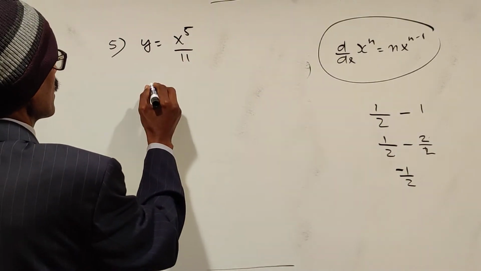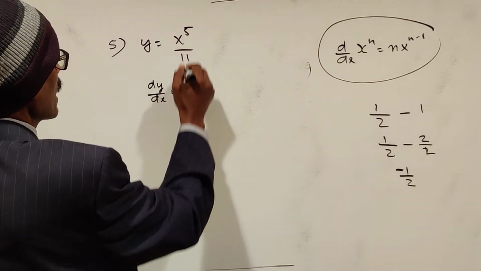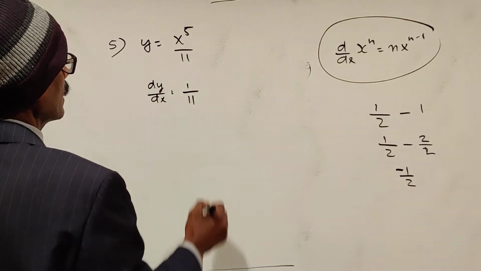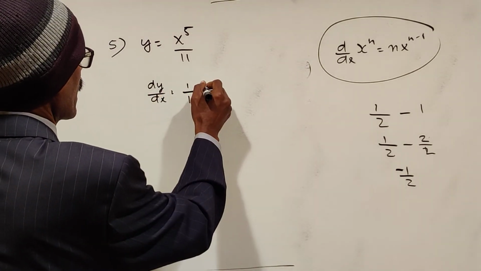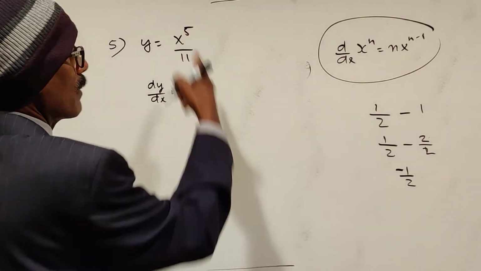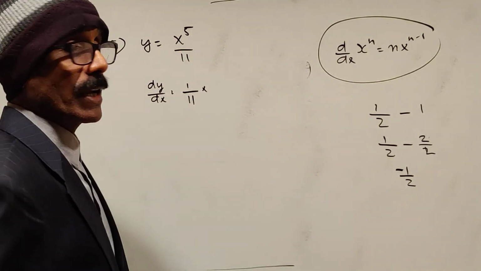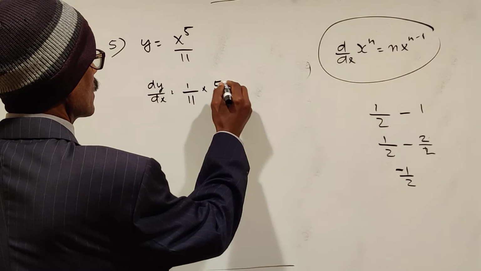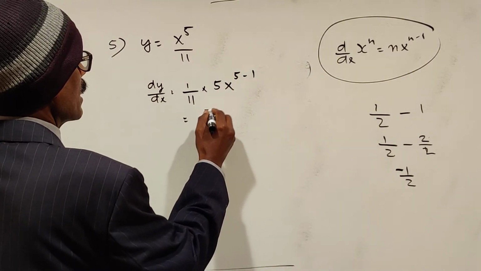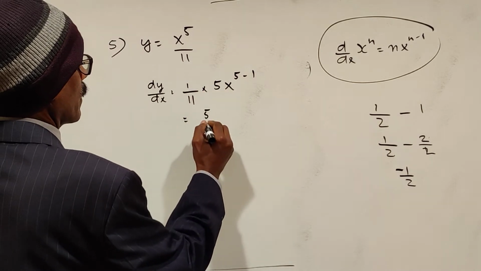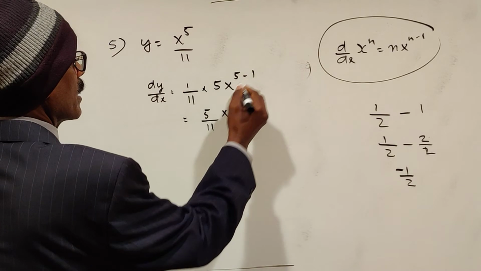So the easiest method is dy by dx equals 1 by 11, since dividing by 11 means 1 by 11 times x to the power 5. Just find the derivative of x to the power 5: 5x to the power 5 minus 1. That is 5 divided by 11, x to the power 5 minus 1, which is 4.